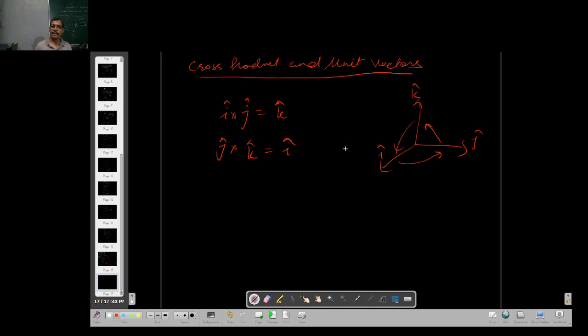And k cross i gives us, not minus, but j cap, right? That is what we are getting here. If I look at this, their order is counterclockwise.